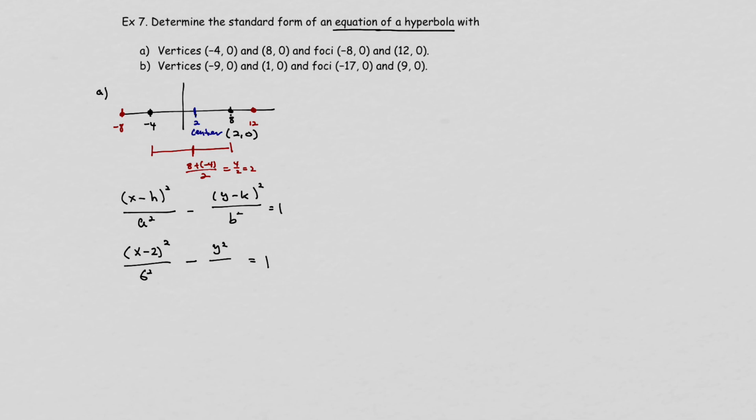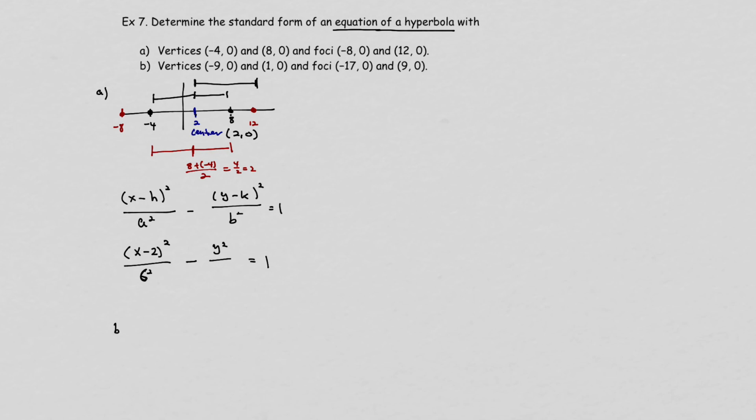We just mentioned that a is going to be 6 because the distance from 2 to 8 or 2 to negative 4, right? And now your c is going to be the distance from 2 to 12. That's going to be 10, right? So we know that c is going to be 10. So if we know c is 10 and a is 6, we should be able to find b.